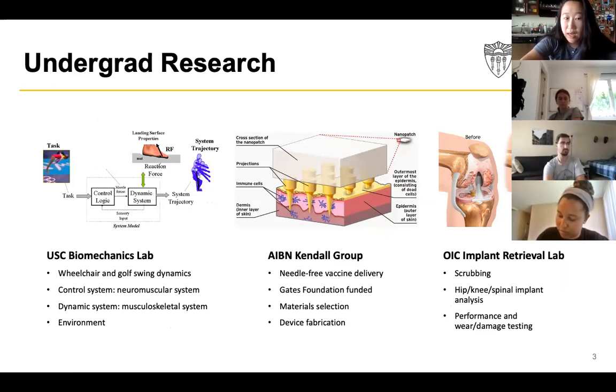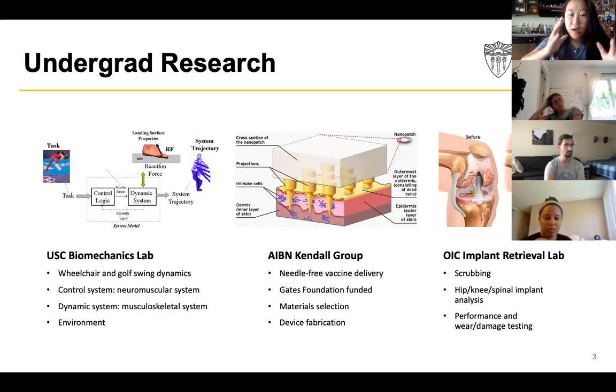They worked a lot with athletes to try to see the relationships between the human control system, which is the neuromuscular system, with the dynamic system of their skeletal muscles and bones, as well as how that interacts with the environment. That was really awesome because I used a lot of sensors as well as force plates to see how the athletes pushed off in different directions for shooting off to catch volleyballs, or actually their golf swing and how they rotated.